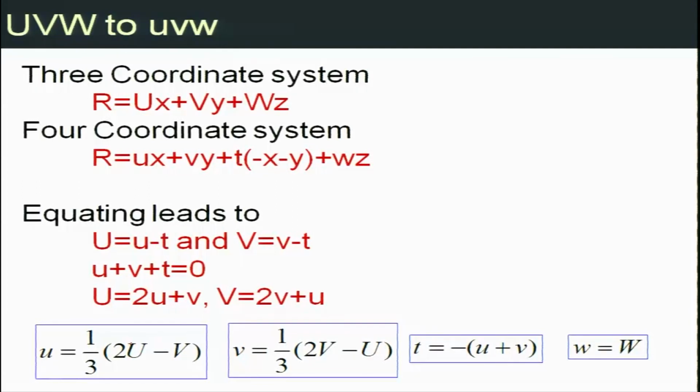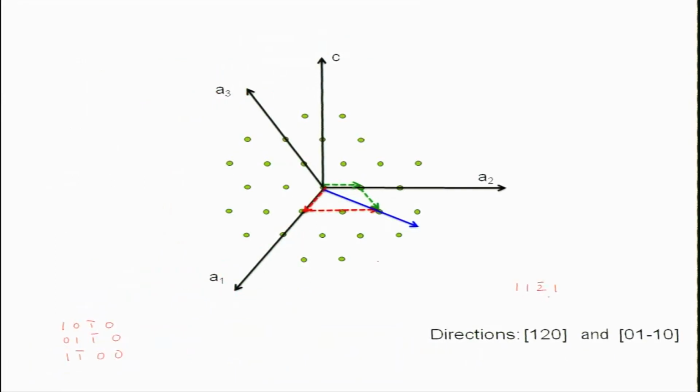So you will need to make these conversions. So if you now convert back, so I said this is [1 1 bar 2 0]. What does [1 1 bar 2 0] convert into? So capital U was equal to 2u minus v.